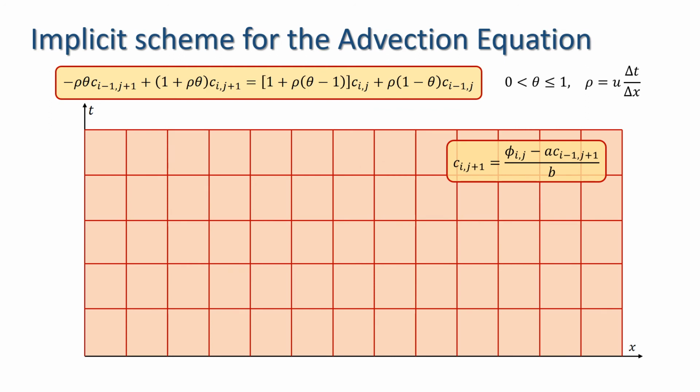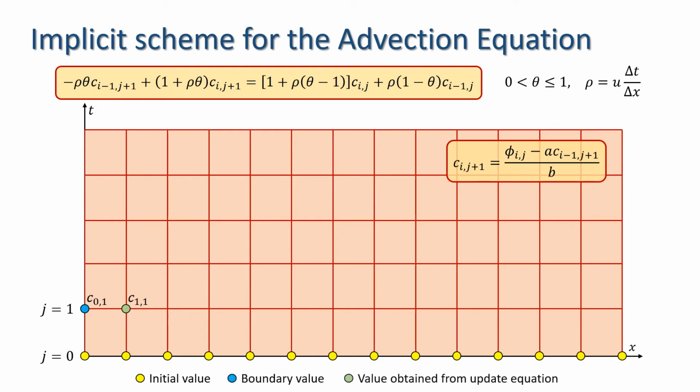Here we have our finite difference grid. We start from a set of initial values. These provide the values of phi for time step j equals 0 at each point on the x-axis. We then call our left-hand boundary value C01 and use our update equation to evaluate C11. This value is then used to calculate C21 and so on.